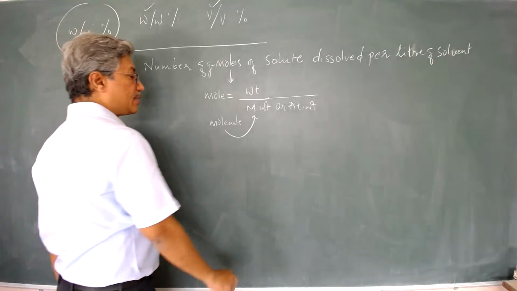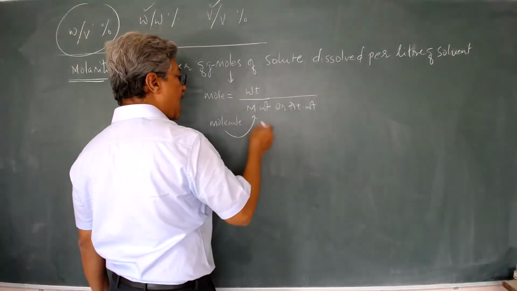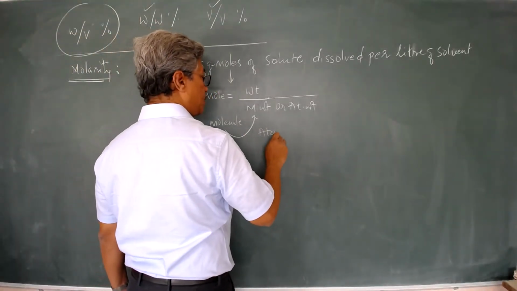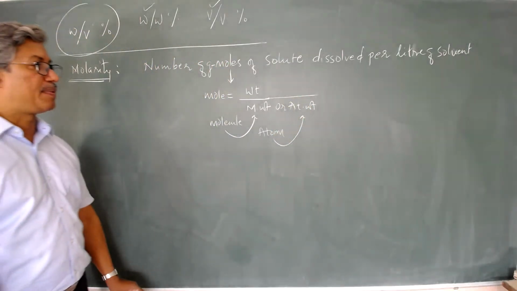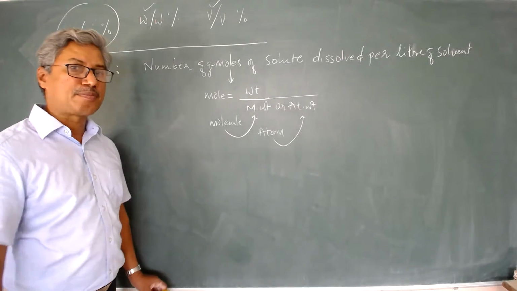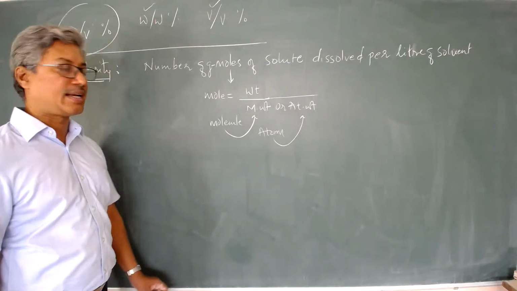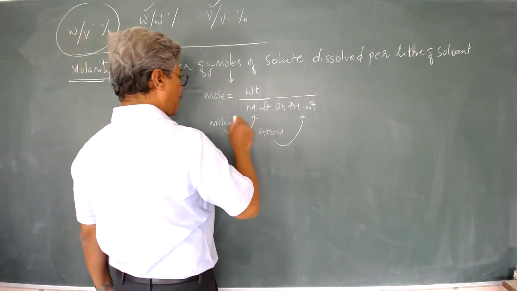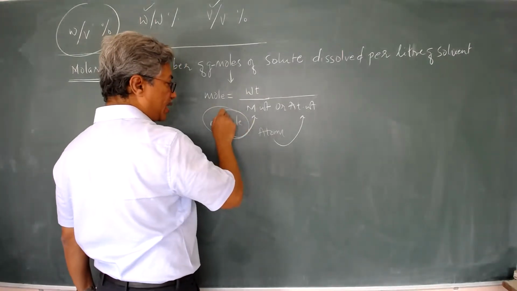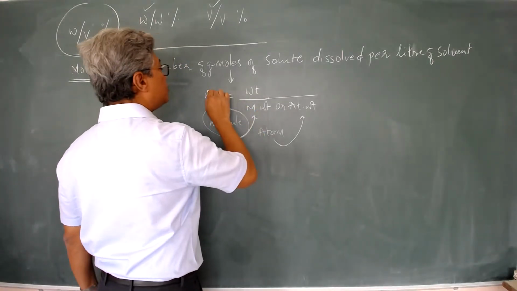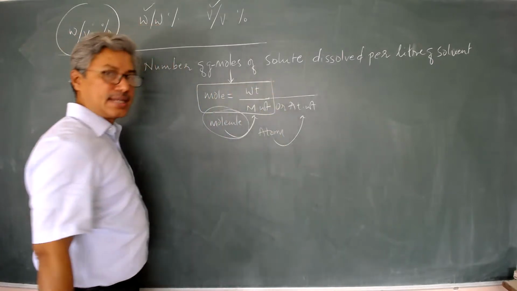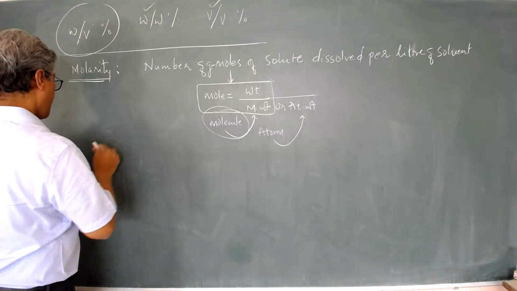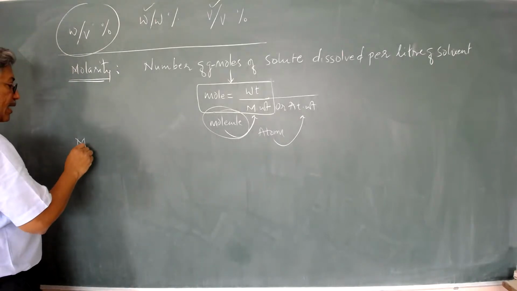And suppose you are dealing with an atom, then you take atomic weight. But in this chapter, 99.99% of the time, we deal with molecules, the molecular form of the substance, and hence mole invariably means this.